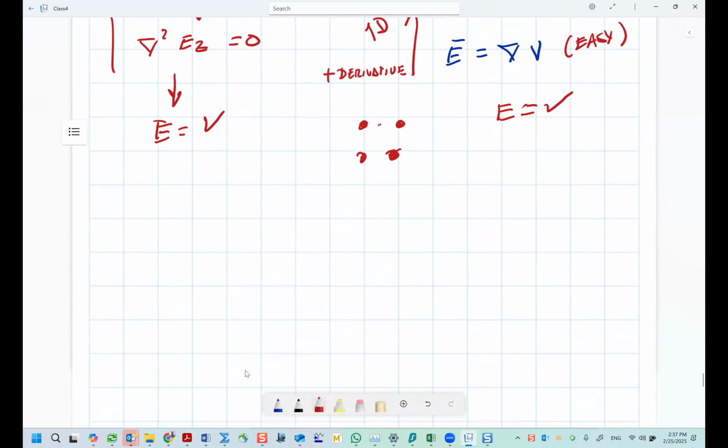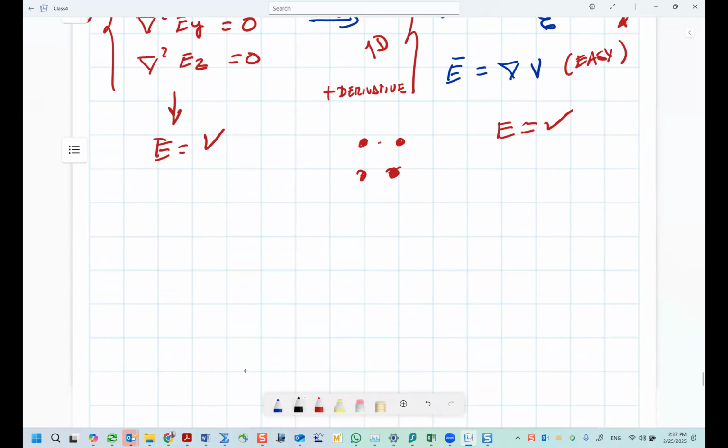So the same way that we have done electrostatics, programs will come and do magnetostatics. So there will be several ways.